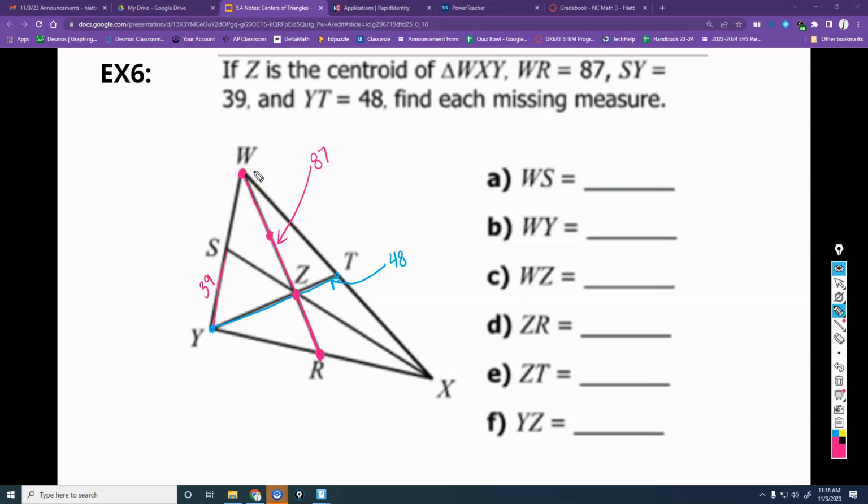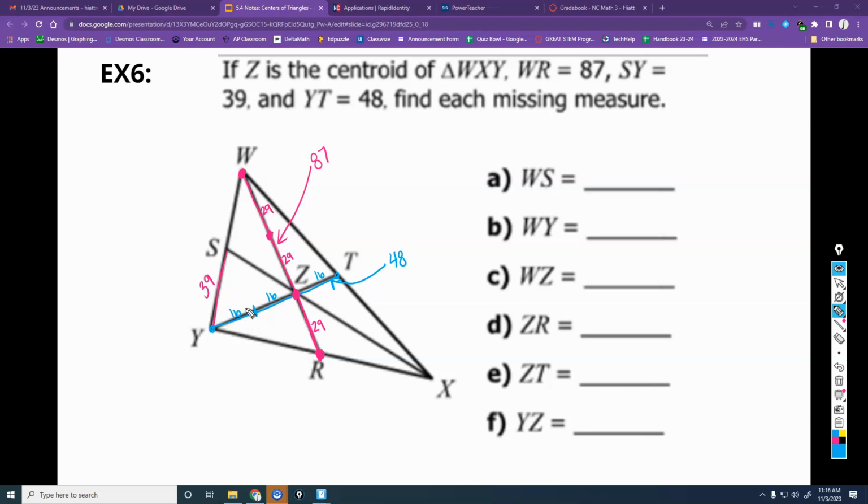So if I take 87 and divide it by 3, this is 29, this is 29, and this is 29. I can do something similar over here with the YT. The whole thing is 48. If I cut this in half, all three of those pieces should be equal to each other. So 48 divided by 3 is 16, so this should be 16, this should be 16, and this should be 16.